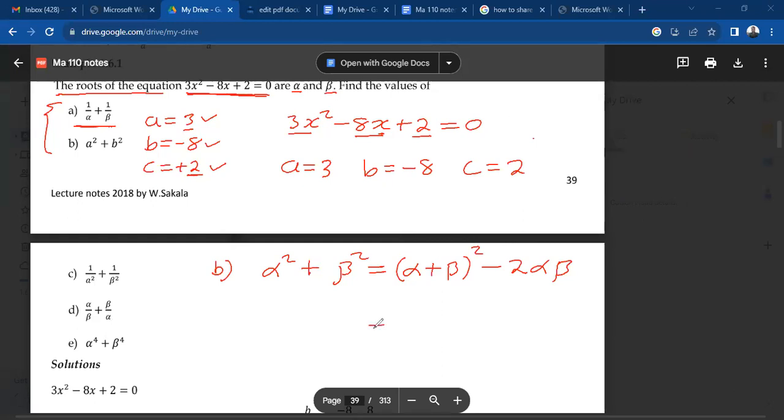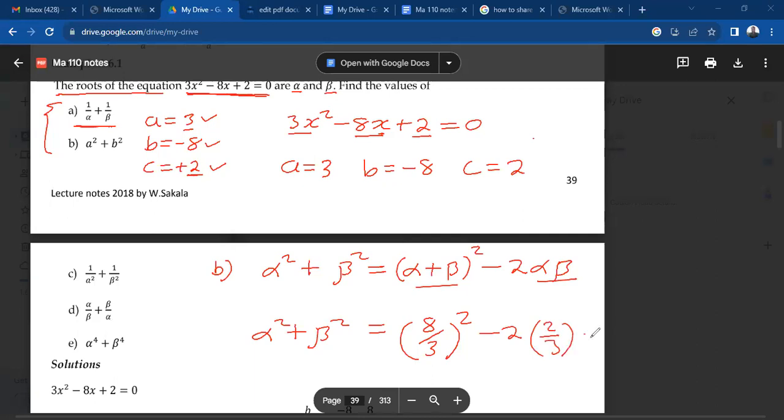Then we can just now substitute. We want alpha squared plus beta squared. Alpha plus beta, we already computed that as 8 over 3. But we enclose that in brackets because it's squared, so we say squared minus 2 alpha times beta, we computed that as 2 over 3.